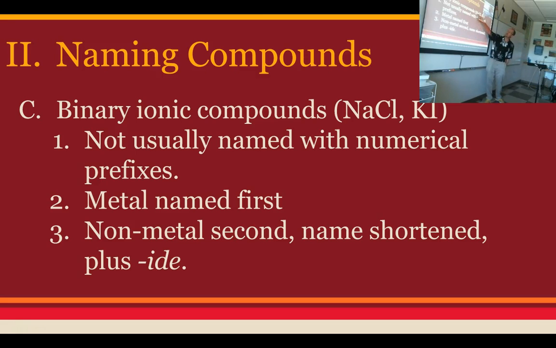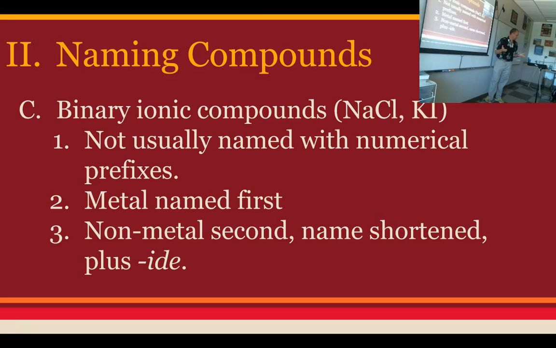Okay? So sodium chloride, potassium iodide. That's all you have to do. Okay? So we name the metal first. Binary ionics is usually a metal and a non-metal. Not usually, it's always a metal and a non-metal. So we name the metal first, and we name the non-metal second.